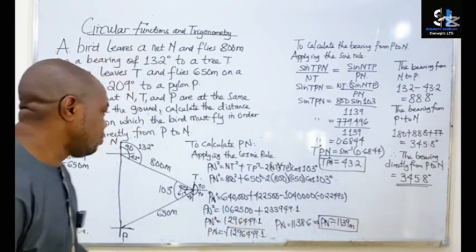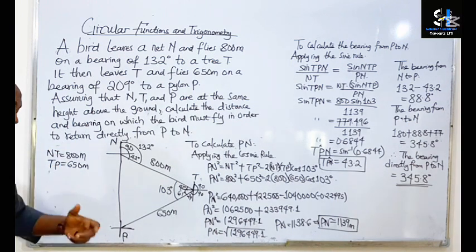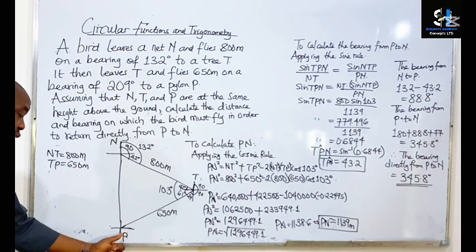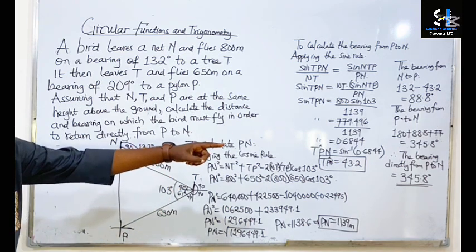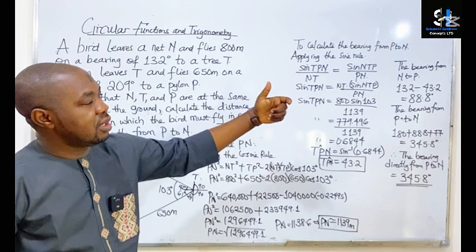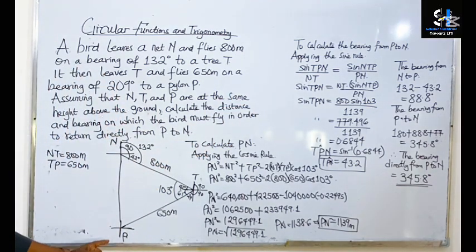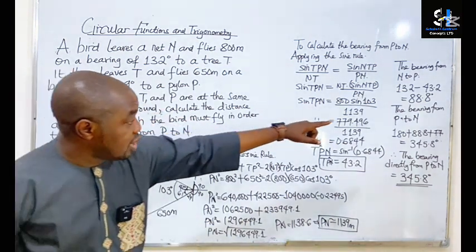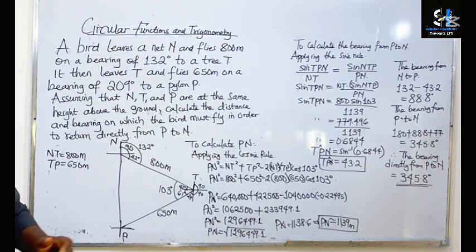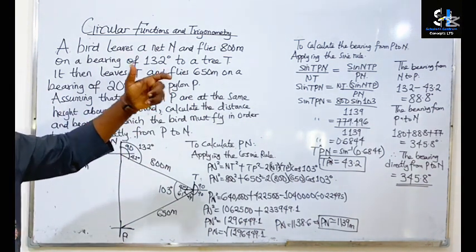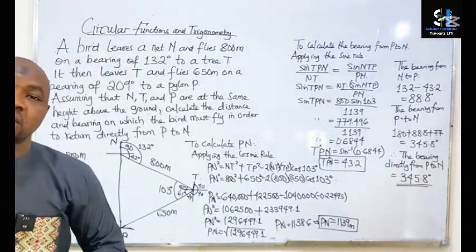Because 180 minus 103 is 77, that is added to 88.8, since we need to first calculate the bearing from N to P, because of the direction of the north from P to N. That is what we have there as 88.8 degrees, so that the value of the bearing from P to N becomes 345.8. And that's the answer to the question.